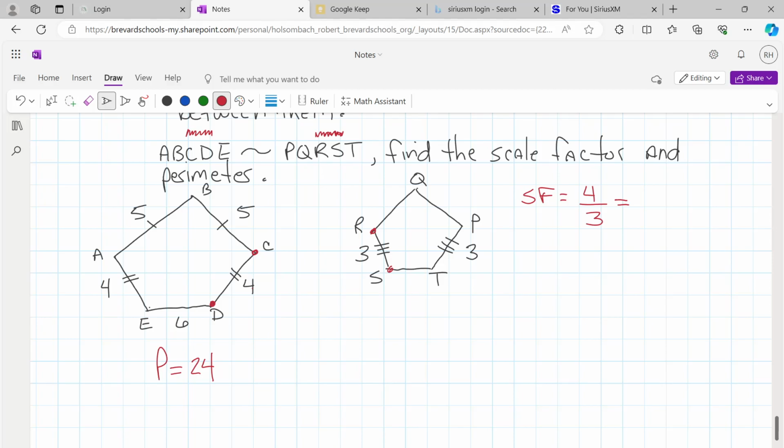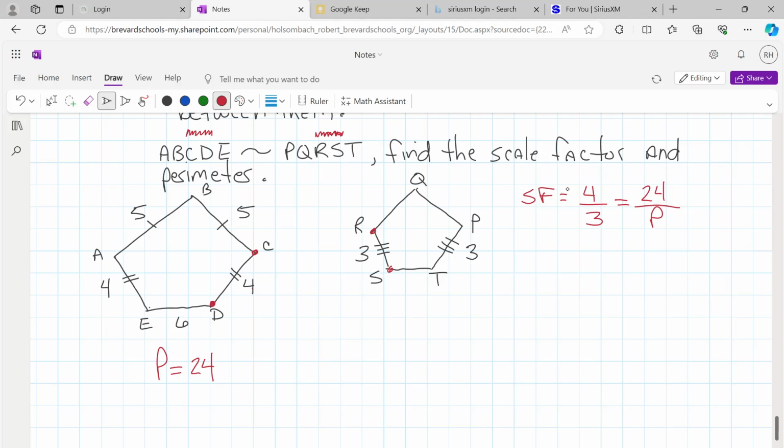So look, scale factor 4 over 3 equals perimeter of the shape on the left, which is 24 over perimeter of the shape on the right.